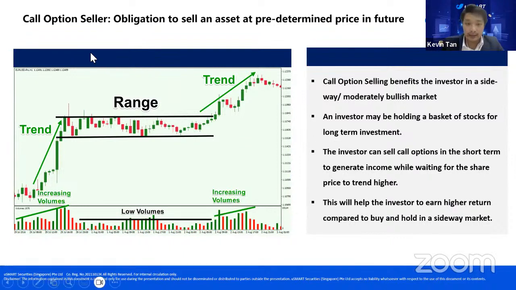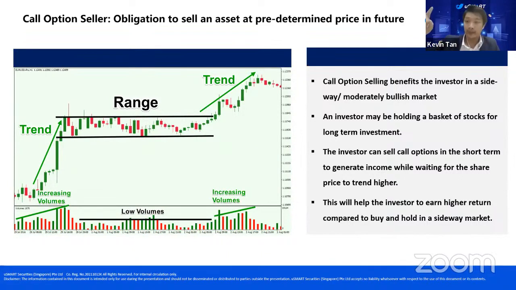So call option selling is very beneficial to you as an investor in a sideways or moderately bullish market. Just imagine an investor holding a basket of stocks for long-term investment, right? When you hold a basket of stocks, the stock could move sideways for a very long period of time.